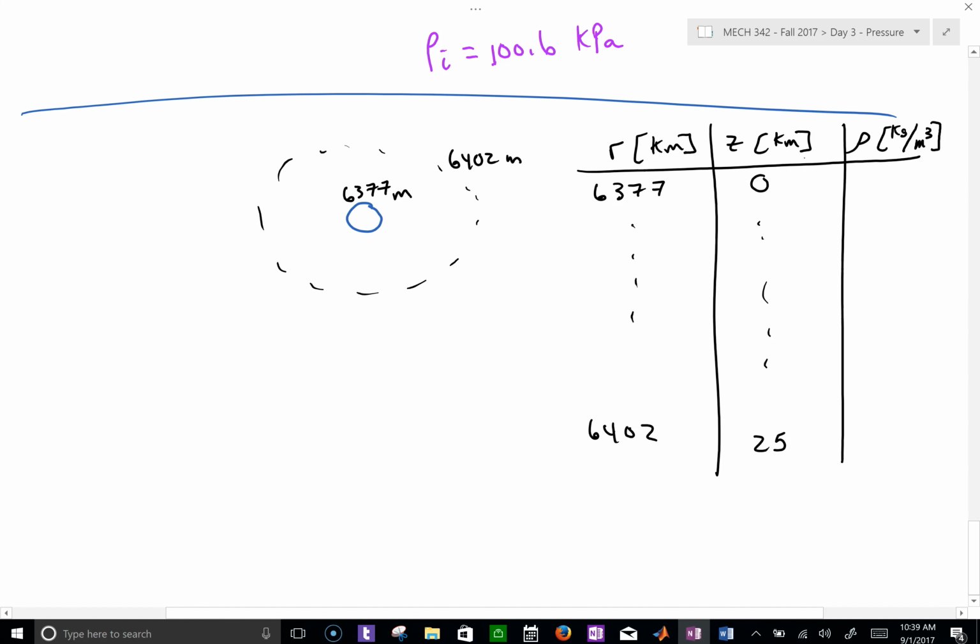It's kind of written wrong, but it goes from 0 to 25 because 6,402 minus 6,377 is 25, right? Yep. And the density goes from 1.225 all the way to 0.04008.